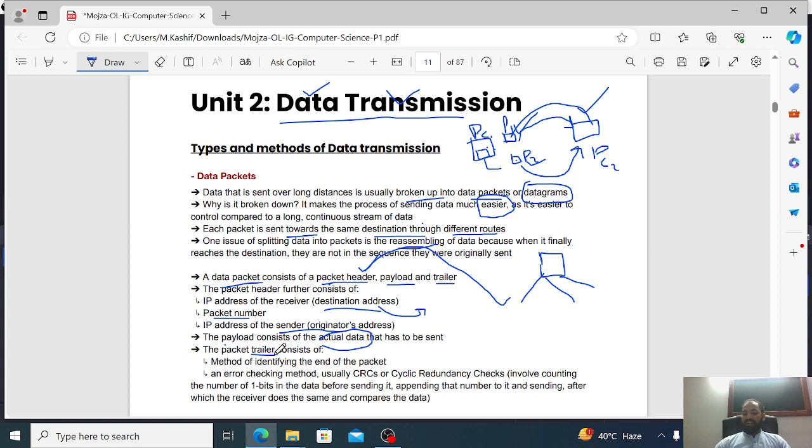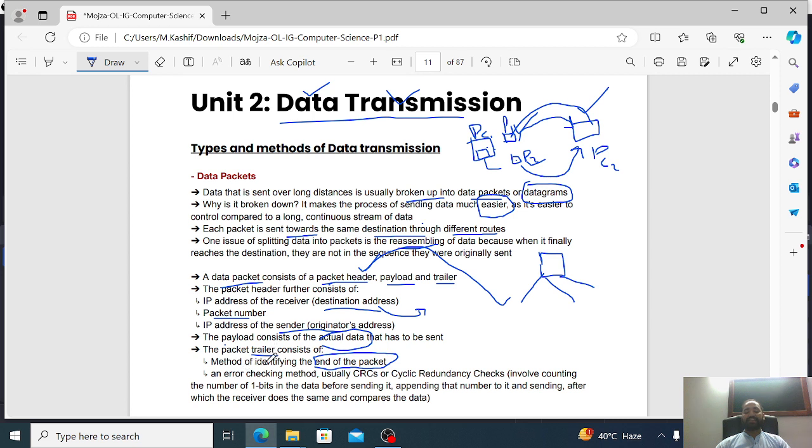Third one is a trailer. Trailer defines two things. One is it indicates the end of the packet so that the destination device could understand that all packets have been received, so they need to be assembled into a file.